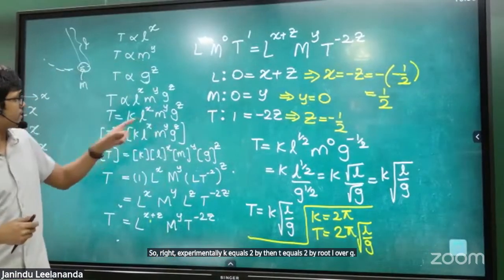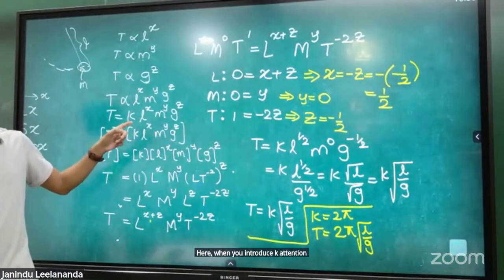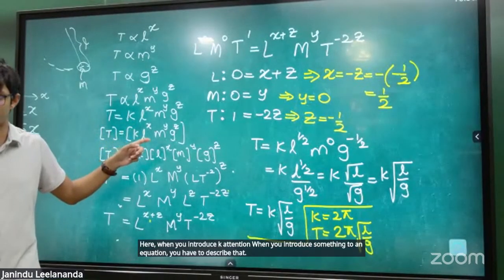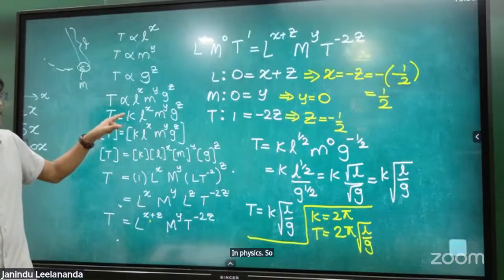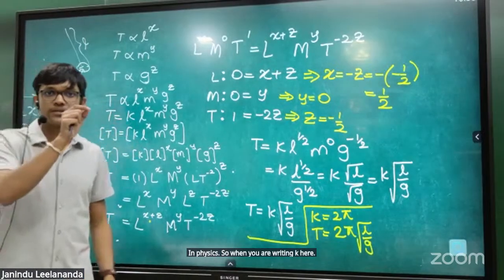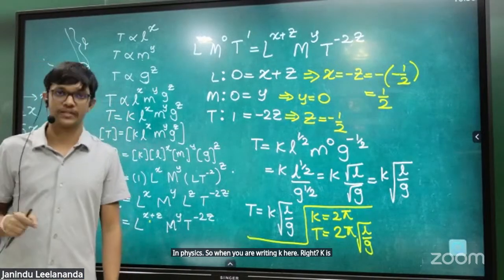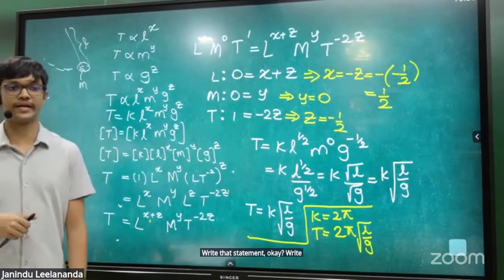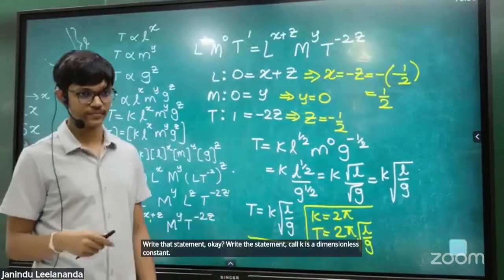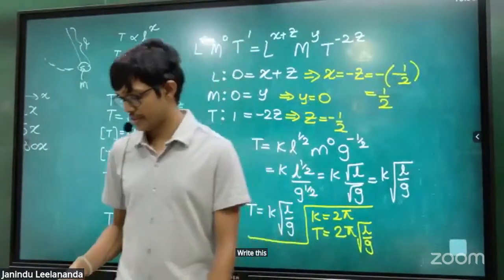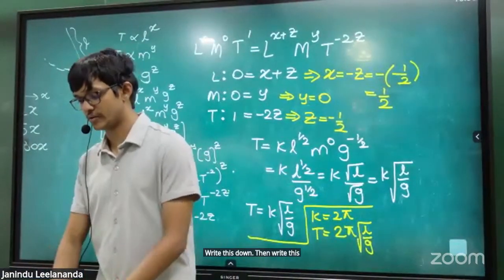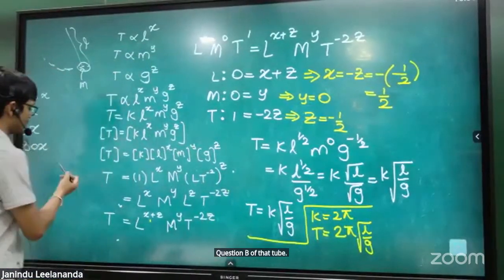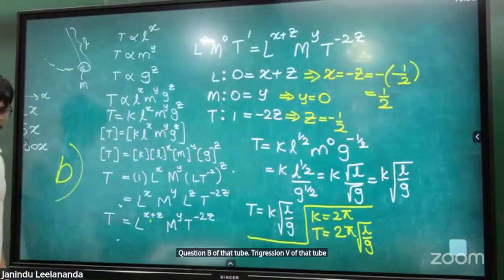When you introduce something to an equation, you have to describe that in physics. So when you write k here, write k is a dimensionless constant. Write that statement. Write this down, then try the second question. Question B of that tute. This is A.